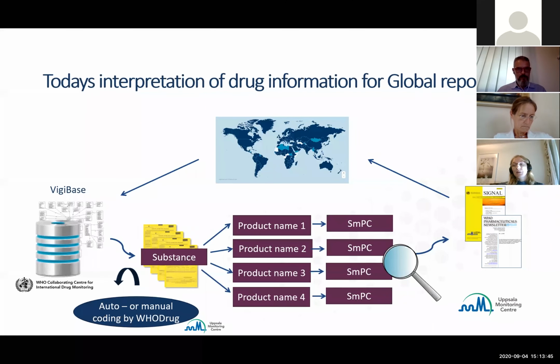And it could be with different formulations, different pharmaceutical form, or different strength. All this data is today manually reviewed by looking up information in, for example, SmPCs, in order to find details about, for example, form or strength and the indication of the drug.